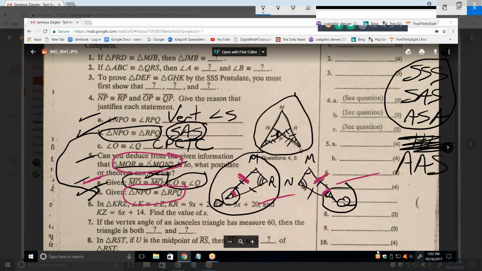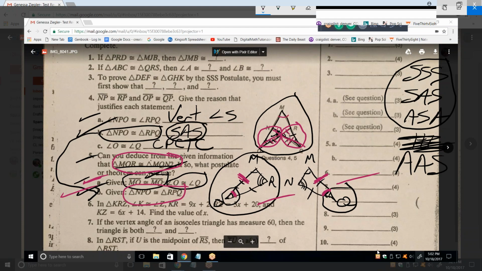I don't think so. Even knowing that NPO is congruent, that actually might do it. Yeah, that does. In other words, statement B alone. If I know that that triangle is congruent to that triangle, then I know that side's equal to that side, and that side's equal to that side, therefore that side's equal to that side.